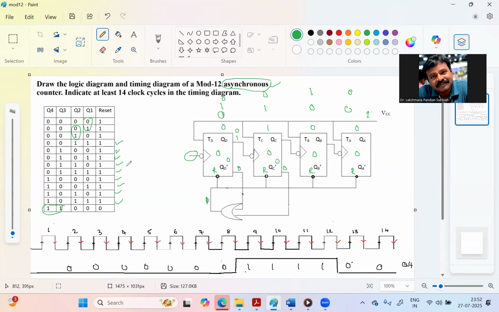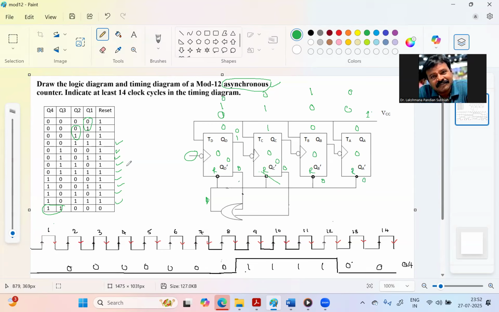So this will reach 0 0. So this is Q3 and Q4. Here Q3 and Q4 are these two.